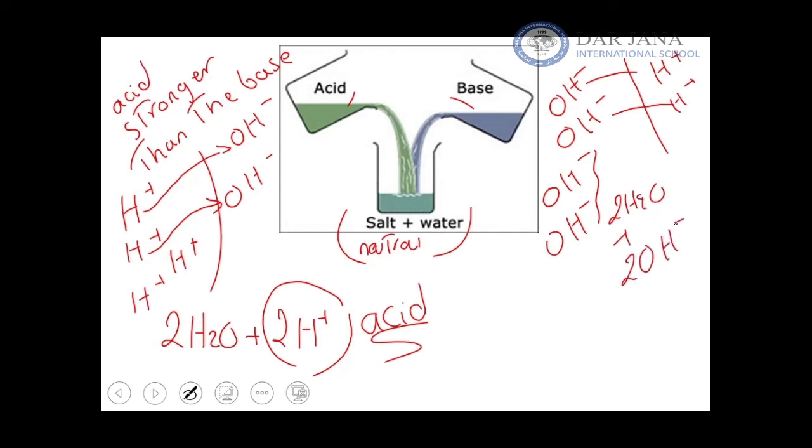So in the result you have a solution which contains hydroxide ions, which means it's a base. But only if the acid is as strong as the base, you will have a neutral substance. Okay, but in every case, it will be salt plus water. Okay, let me erase these.